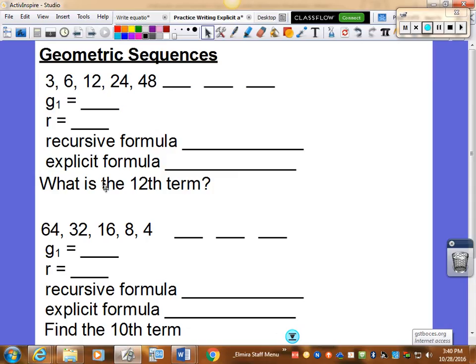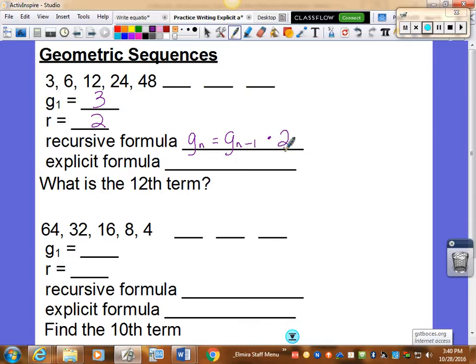So if I was doing this first one, okay, G sub 1 is 3. My R, let's see, I'm multiplying by 2 every time. So my recursive formula, now we're doing G sub n equals, if I want to know a term, I need to know the previous term, G sub n minus 1, and I sub in times 2. That's all there is to writing the recursive for that.